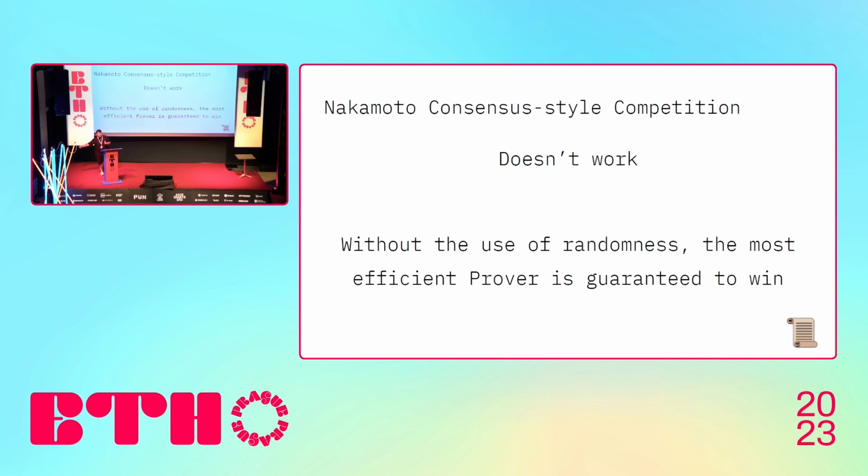So you can see how that has a long-term centralizing effect, where because all the other provers are just burning energy without actually being rewarded in any way, shape, or form, they will just fall off, and you'll end up having 1 or 2 mega provers that compute the proofs for every batch.